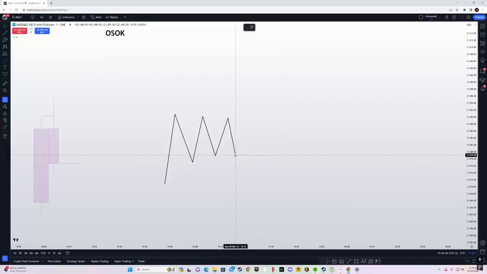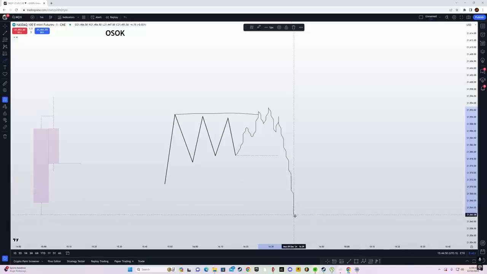What I want to see on the 1-minute time frame is price go up, take out buy side liquidity over here, and then give me a market structure shift, and I'm going to take my entry towards this high over here, this low over here, and this low over here.